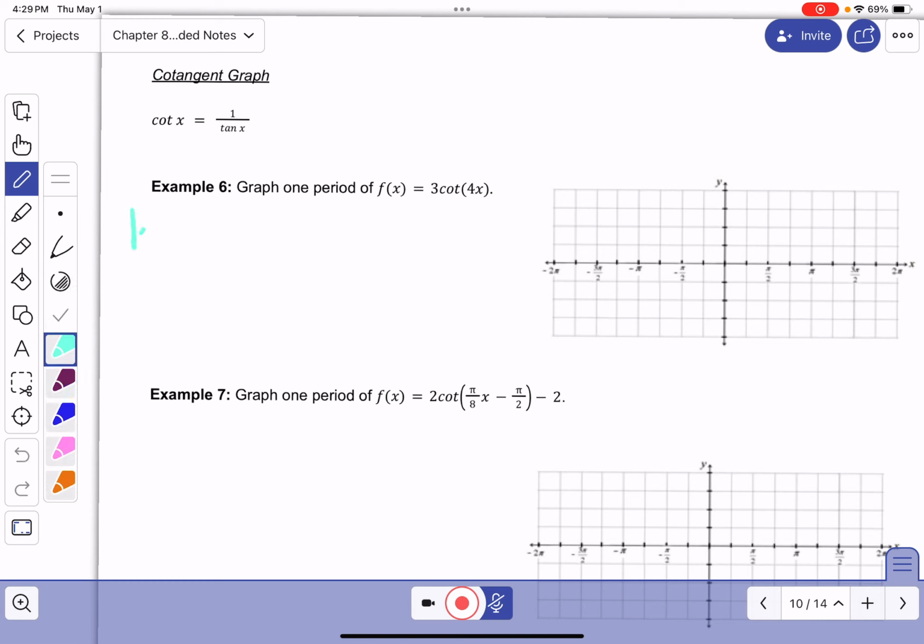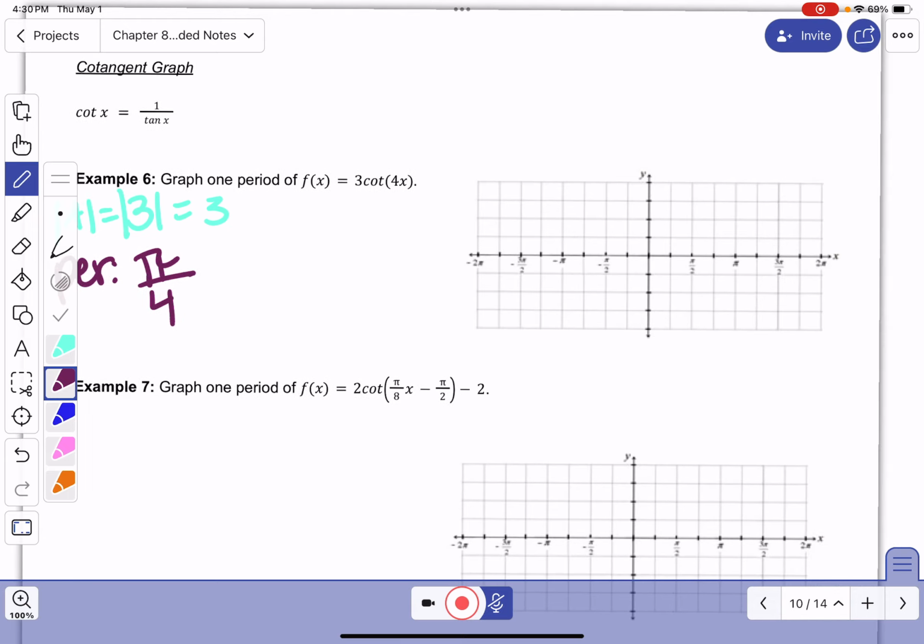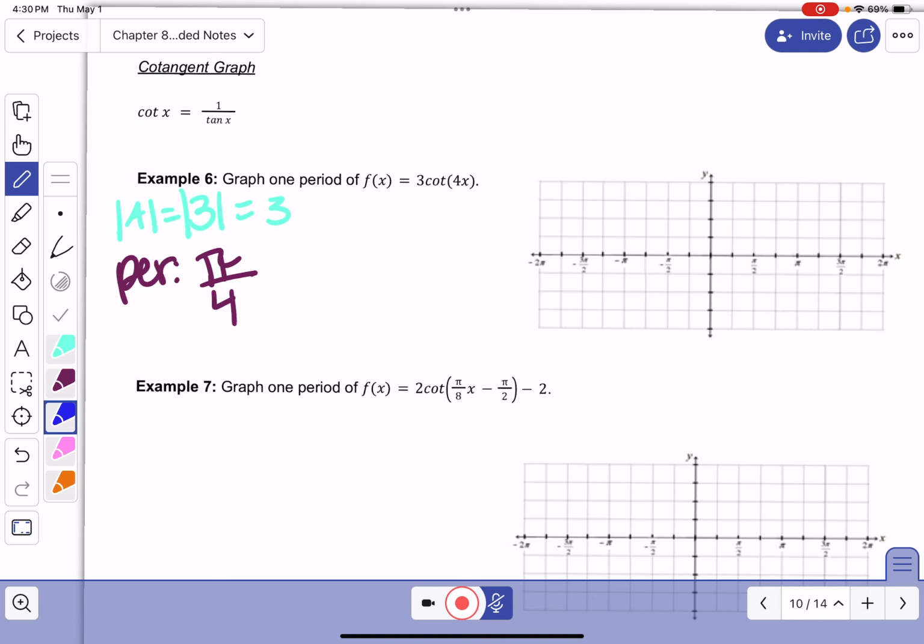So amplitude is 3. Period is pi divided by 4. So pi over 4. There's no shift. So for tangent, we would start at 0. Our period's pi over 4. So that's pi over 8 on each side.